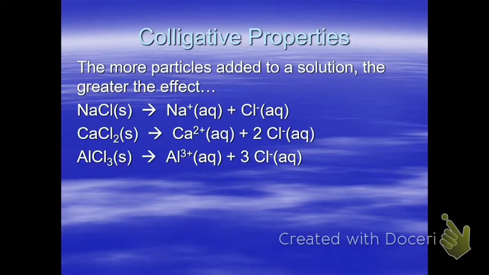It will also have the lowest freezing point. Aluminum chloride, because it produces the most number of particles, if I'm dissolving this in water, will have a boiling point the greatest above 100. It will have a freezing point the lowest below 0.